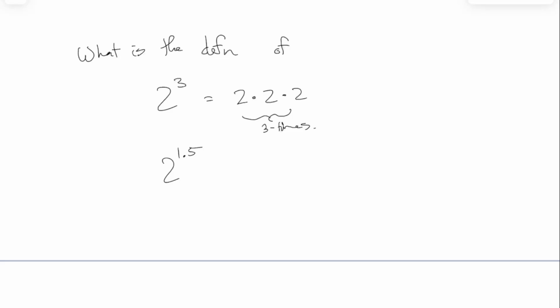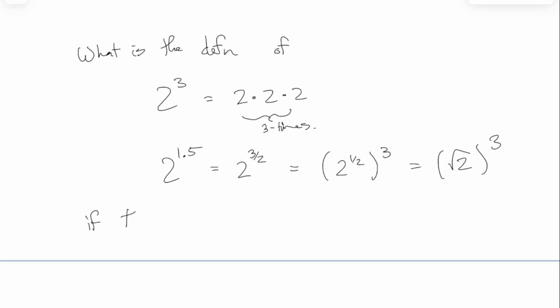Yeah, I think the appropriate way to think of this is to say 1.5 is the same as 3 halves, and then you know how to interpret a fraction inside of the exponent. This is not obvious, but one way to think of this is the root of 2, to the power 3. And in general, you can do this for any rational number in the exponent.